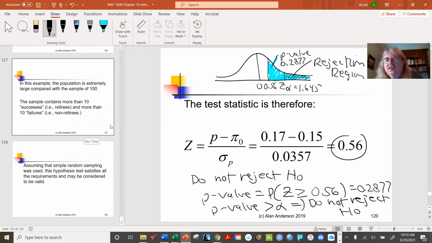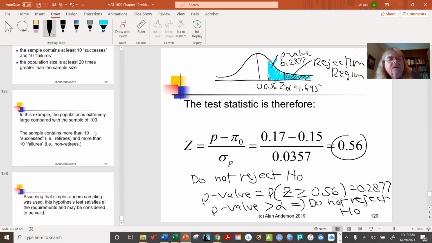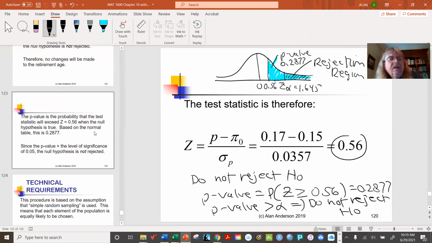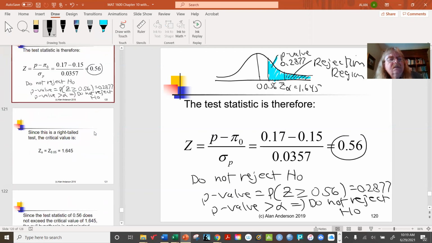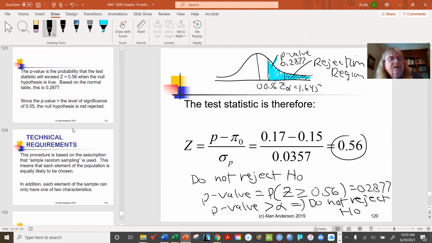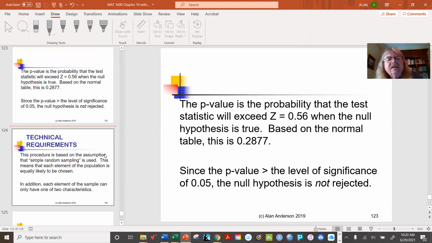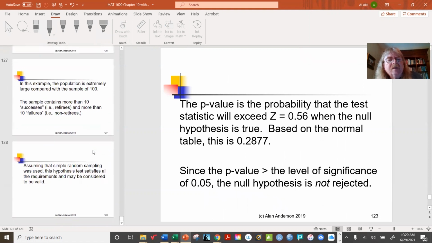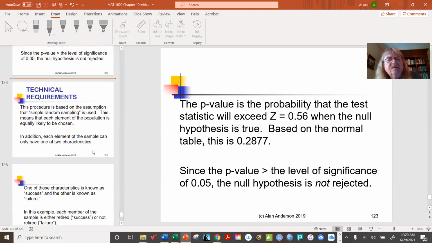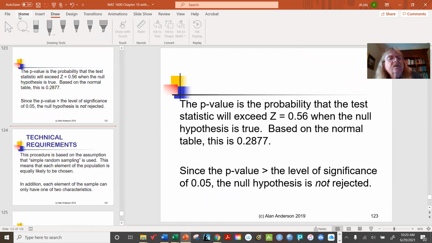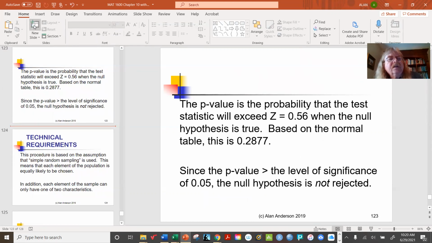All right, so why don't I show you where to find this in the calculator. By the way, at the end of this chapter, you'll see there's some technical requirements that are needed for this to work properly, but we won't go over that right now. I just want to show you how to do this on the calculator.